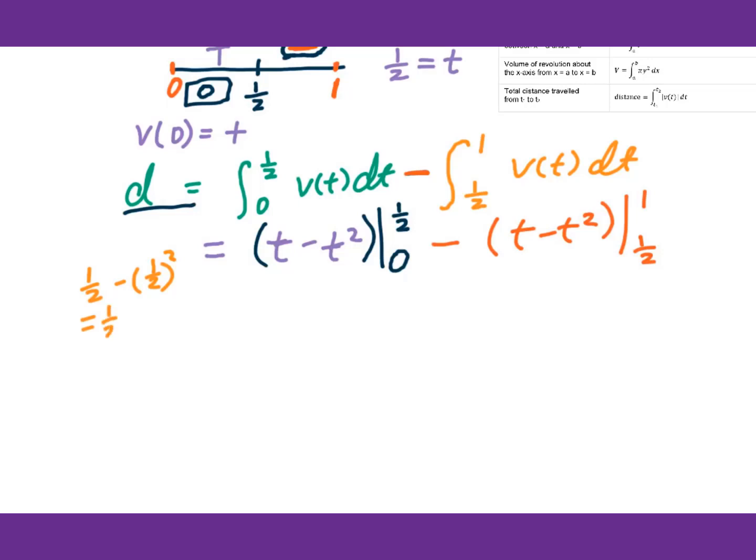That is 1/2 minus 1/4 equals 1/4. When you plug in 0 it will be 0, therefore you will get 1/4. Then minus, when you work out this side, you plug in 1 first, you will get 1 minus 1 squared, that equals 0. Then when you plug in 1/2, we already know that's 1/4.